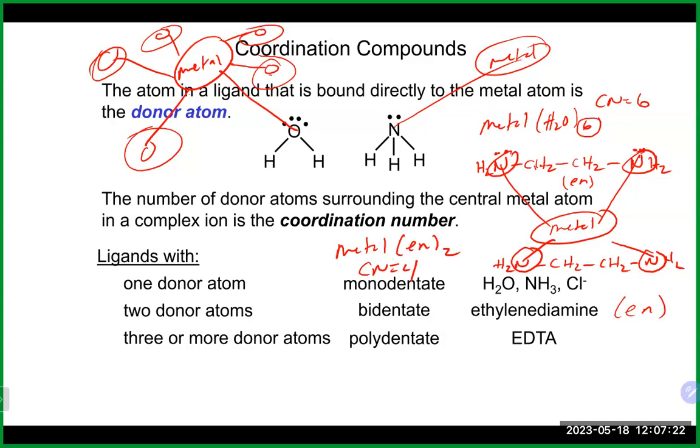So what I'm saying is sometimes people will look at the formula and go, oh, it's a 2, so the coordination number needs to be 2, and that would be incorrect in this case because for every one of those, you get 2 attachment points. So you have to double the coordination number for each such ligand.